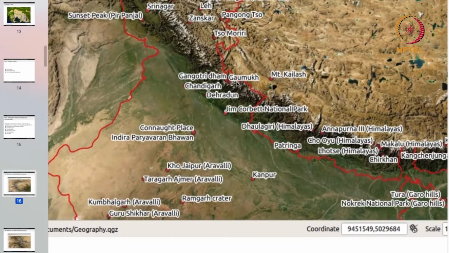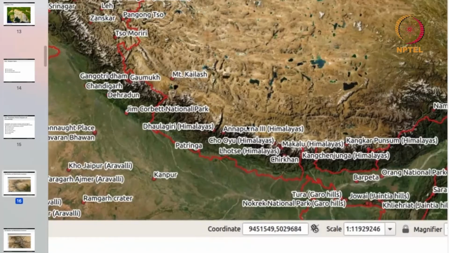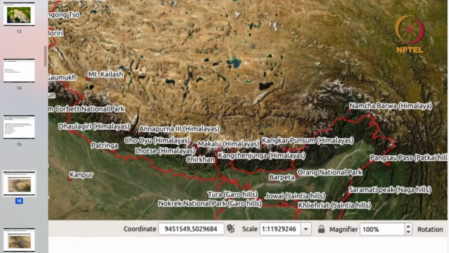Now these regions we had observed before. This is Gangotri, Dham and Gomukh. When we talked about the Gangotri glacier, this is the area we were talking about. Now the Himalayas move in the form of this chain, and here we have the Dhaulagiri peak. This is Dhaulagiri, this is Annapurna, this is Chooyu, this is Lhotse, this is Chirkhan, this is Makalu.